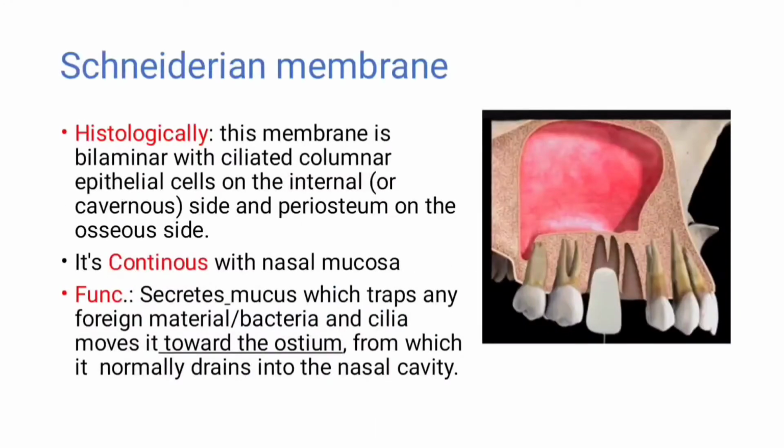The maxillary sinus is lined by membrane, as we said before, pseudostratified columnar ciliated epithelium in histological point of view, and this secretes mucus which traps the bacteria, and the cilia that cover this respiratory membrane move this mucus with the entered bacteria toward the ostium due to its high location in the lateral nasal wall.